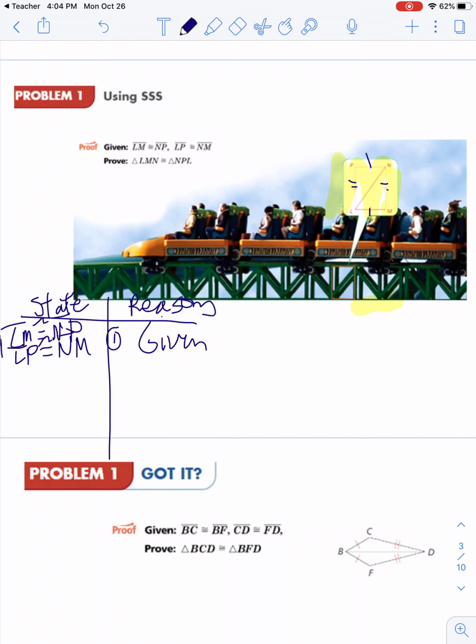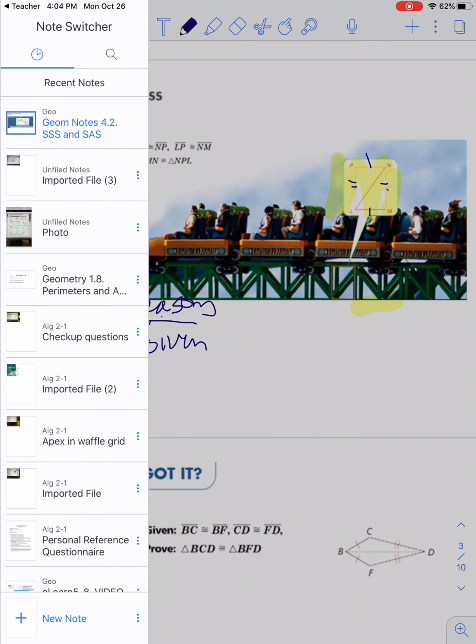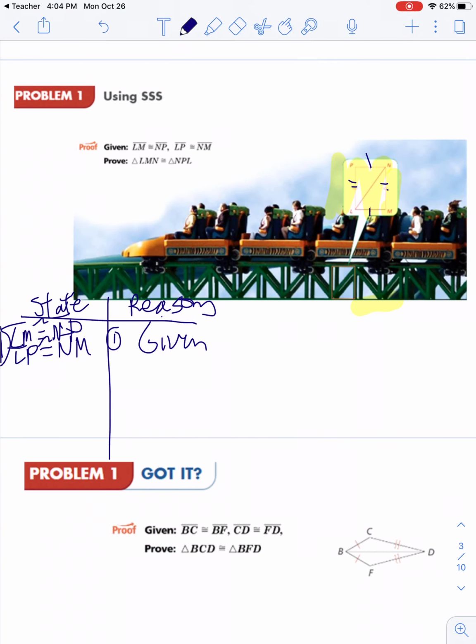Okay, so let's see if I can get this here. So 1, and then 2, well, that's 2 of the sides. I need the 3rd side, so 3. LN is congruent to itself, or is congruent to NL.